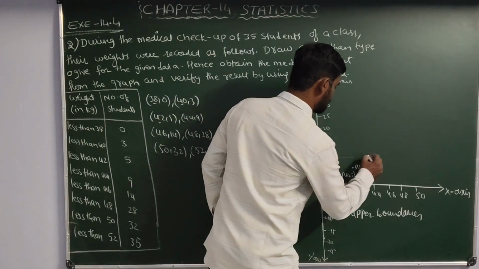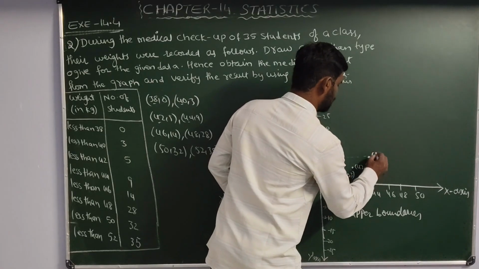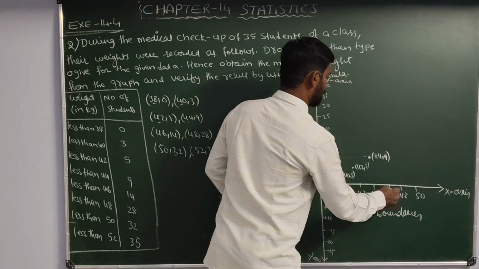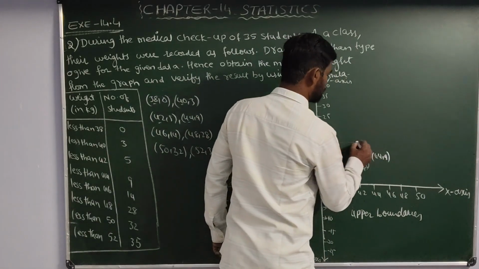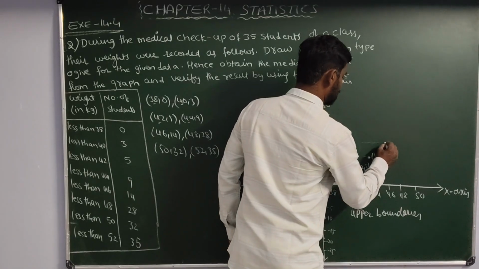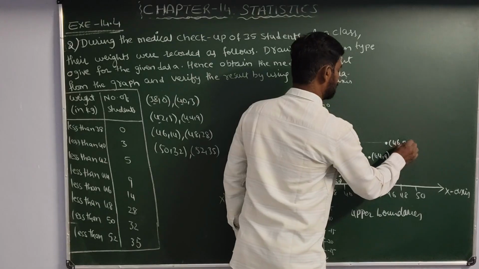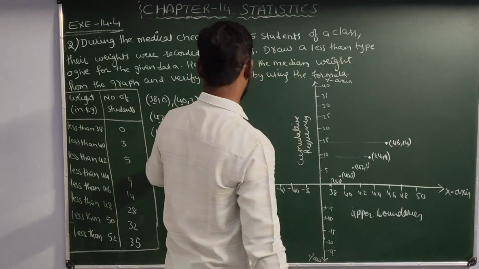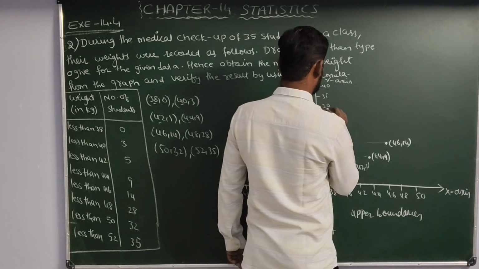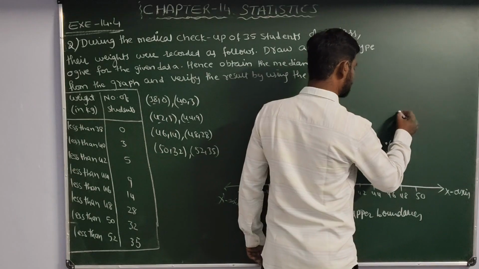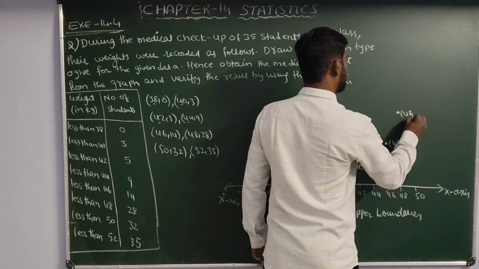So somewhere here, 44 and 9. Next, 46, 14. So here somewhere 46 and 14. Next, 48, 28. So 48 will be here and 28 somewhere here. 48 and 28.